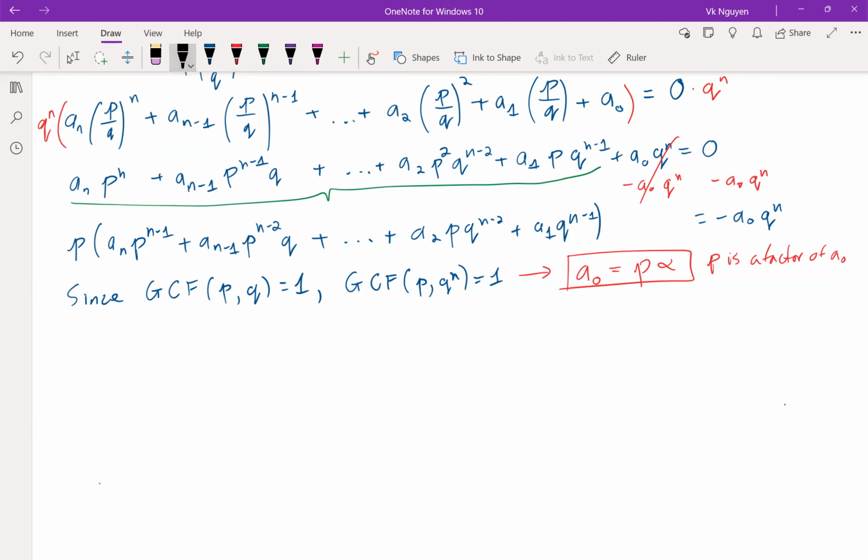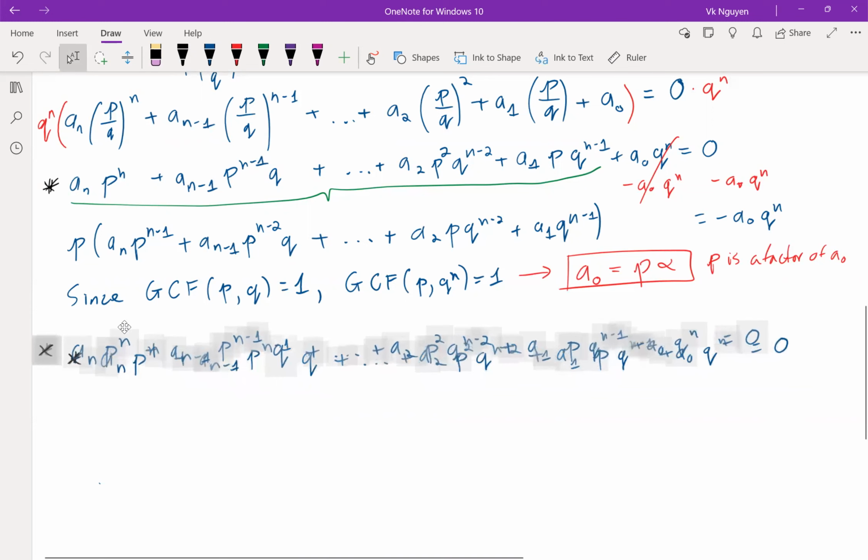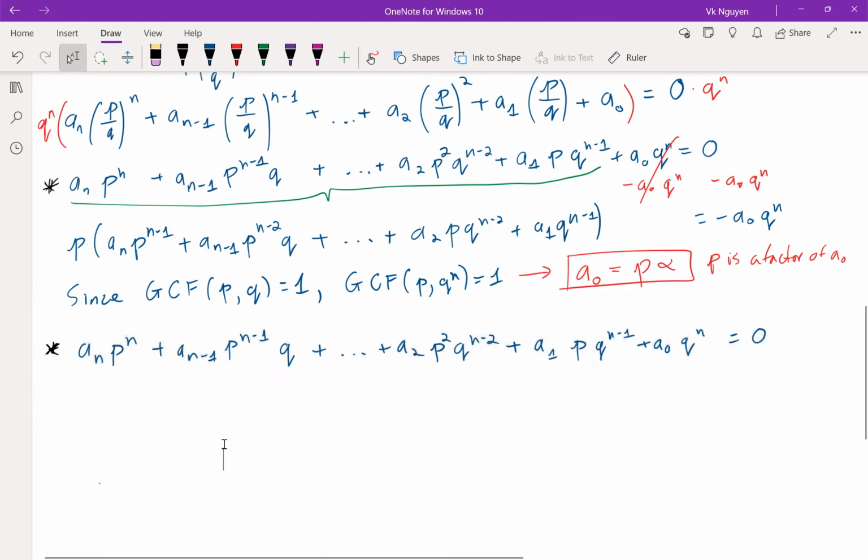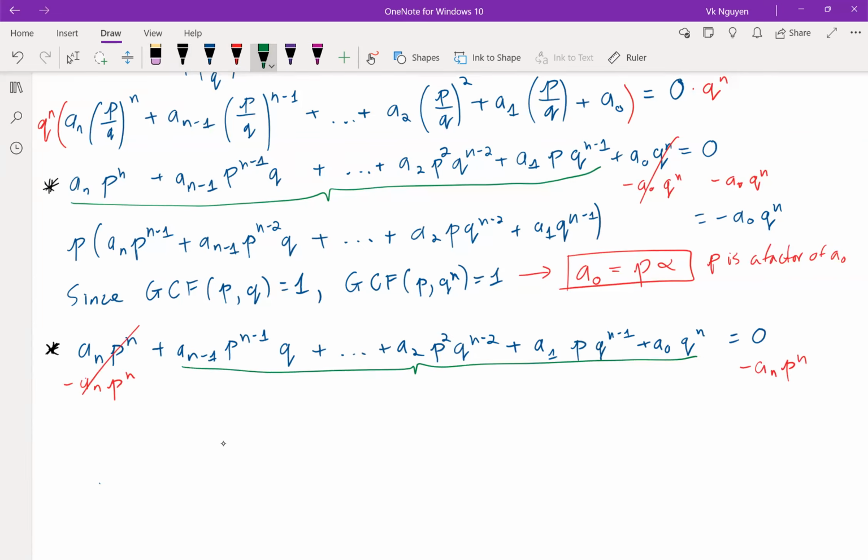Similarly, I'm going to use the equation earlier here. We're going to take a look at it by subtracting a sub n p to the power n on both sides. This is gone. Similarly, we're going to take out a q from the remaining terms.